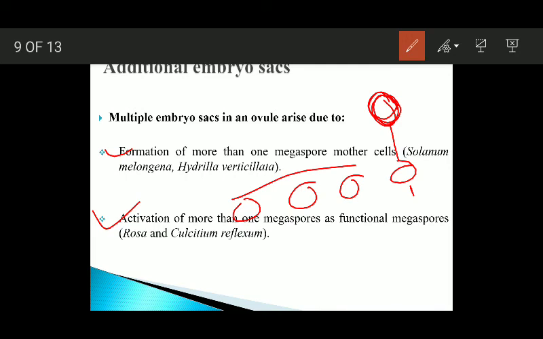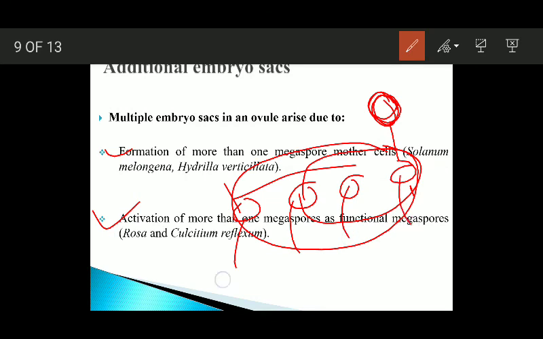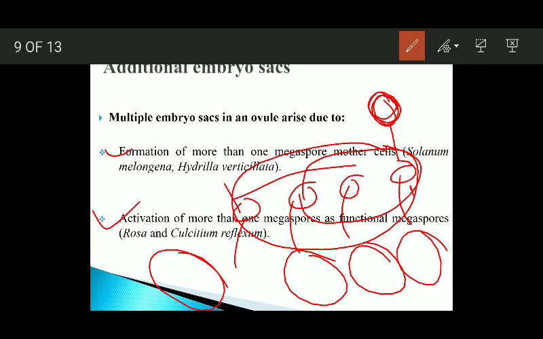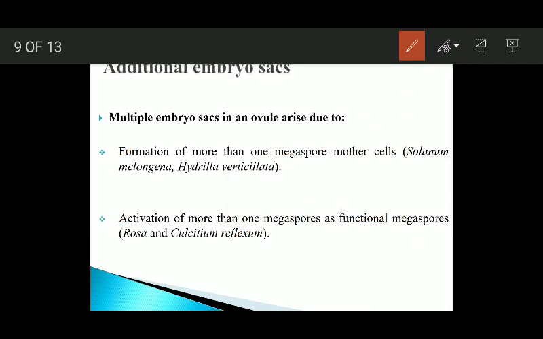For example, 3 megaspores become functional and only 1 degenerates, or in some cases all 4 megaspores become functional. So you are having 4 functional megaspores, and obviously they will give rise to 4 embryo sacs, and each embryo sac will give rise to 1 embryo, so we are going to have 4 embryos. This occurs in the case of Rosa and Colchicum reflexum.